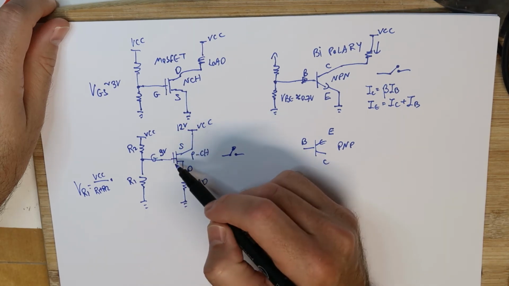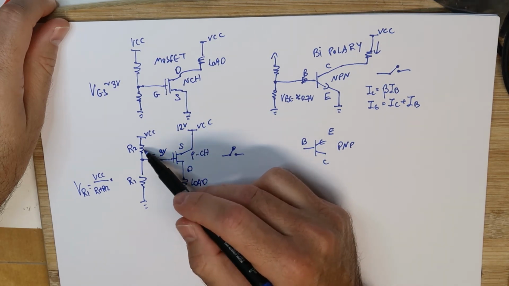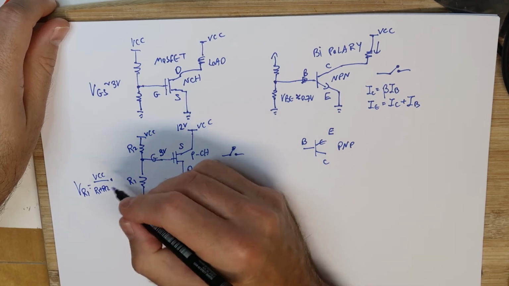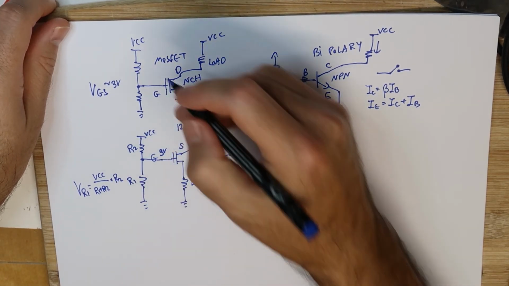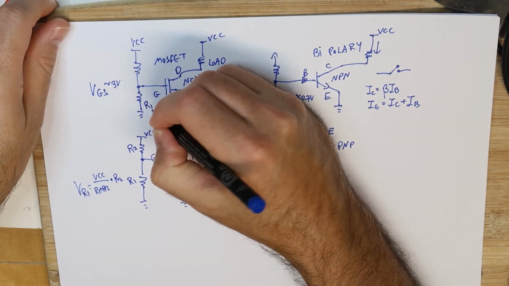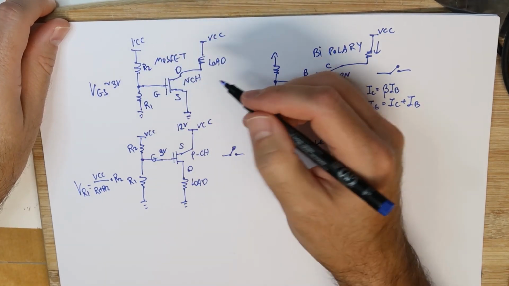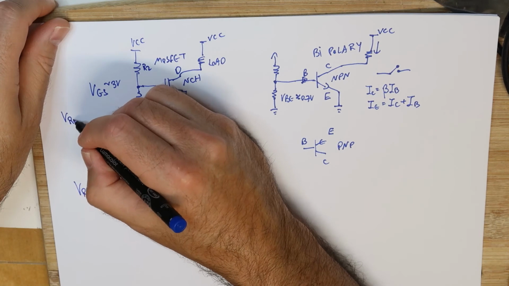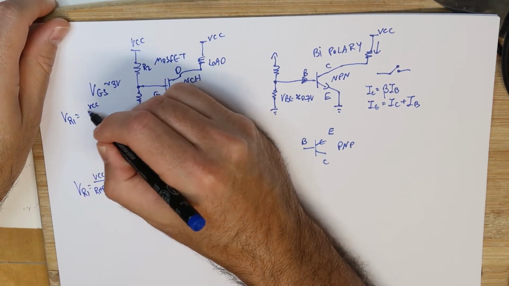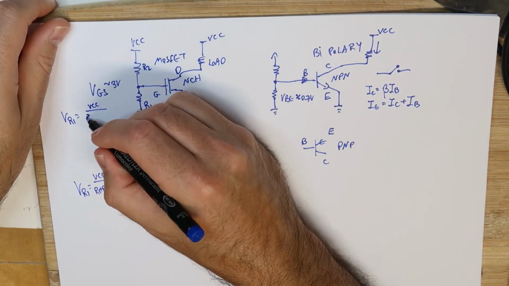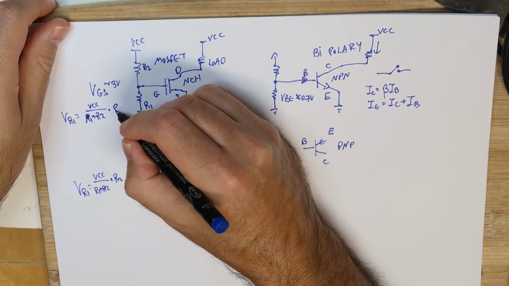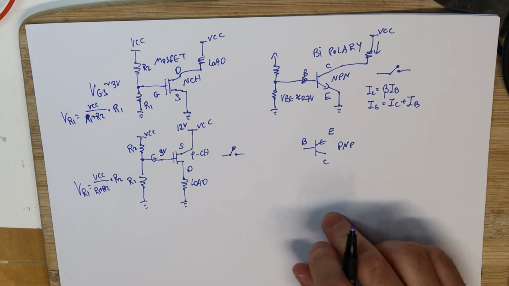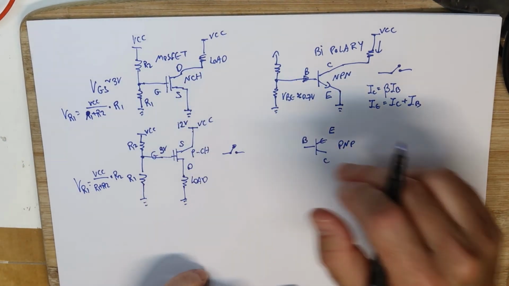The voltage on the gate is exactly the voltage on R2, so we have to multiply it with R2. In this example, we will have to multiply it with R1. So let's do it one time. VR1 is equal to VCC divided by R1 plus R2, multiplied with R1. Okay, so this is the basic formula in order to conduct.